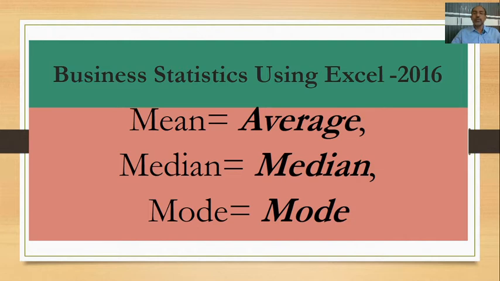Earlier we have seen all the chapters by using manual methods, by calculating as usual by pen and paper. So now we are going to use MS Excel, Microsoft Excel, for the purpose of business statistics.